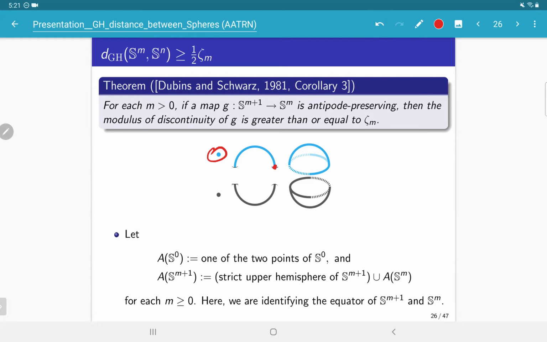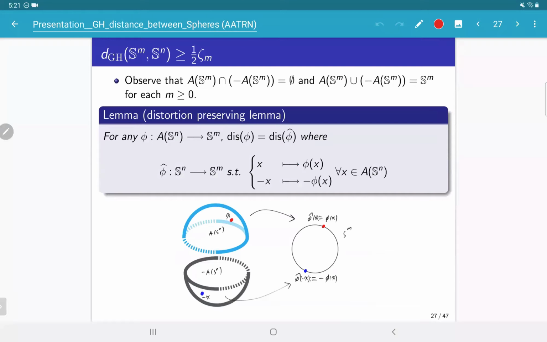Here, we are identifying A of S0 with the equator of S1. In a similar way, we can define A of S^(m+1). So this is A of S1, this is A of S2. And what is the property of A of Sm? They satisfy the following. If we consider the intersection between A of Sm and the antipode of A of Sm, which is denoted by minus A of Sm, that must be the empty set. But if you consider the union of them, it must be the whole Sm.